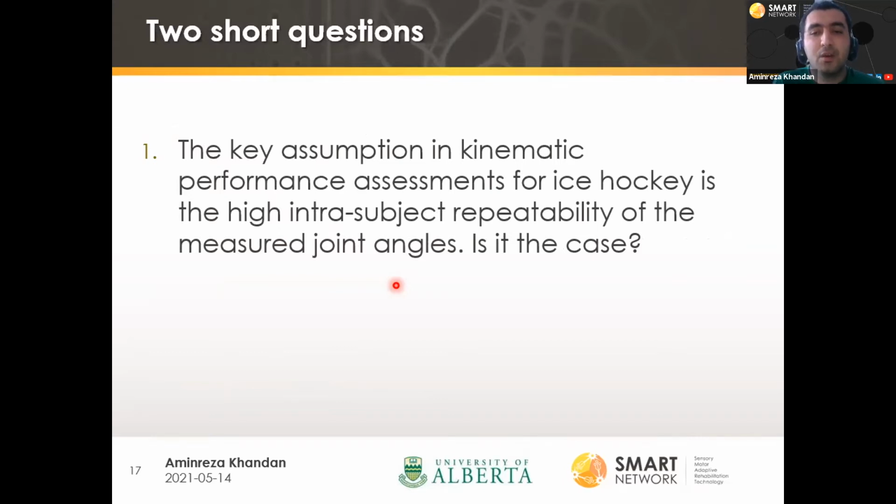If you're talking about the performance of the player, the key assumption in kinematic performance assessment for ice hockey is the high intersubjectivity of the measured joint angles. But is it the case? To my understanding, it had not been investigated before this publication, and we investigated it.